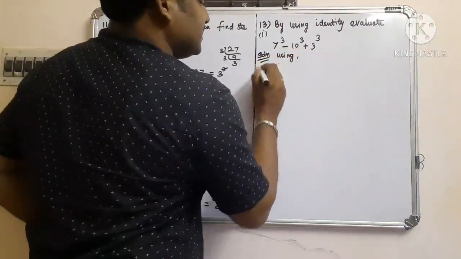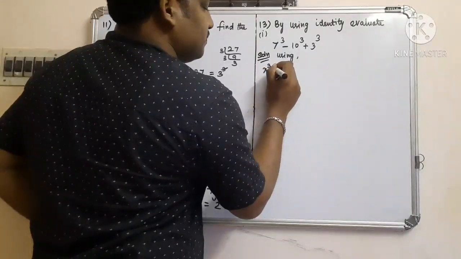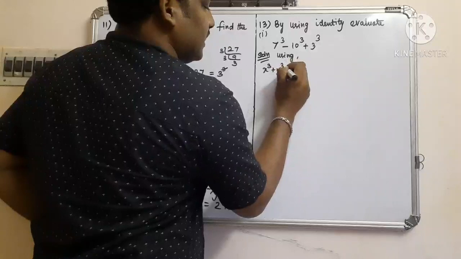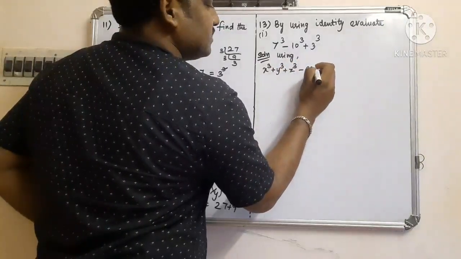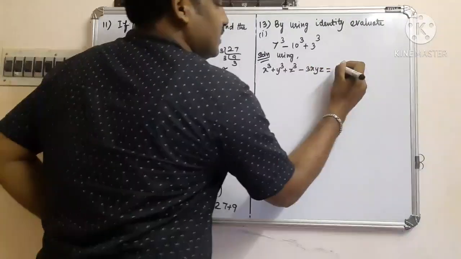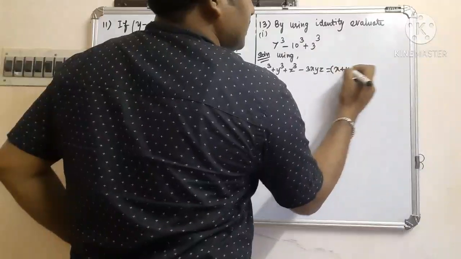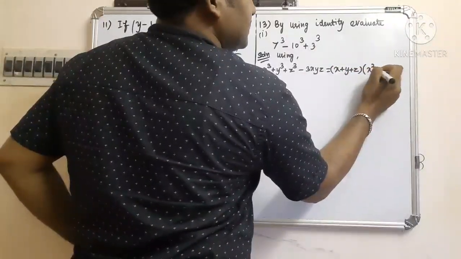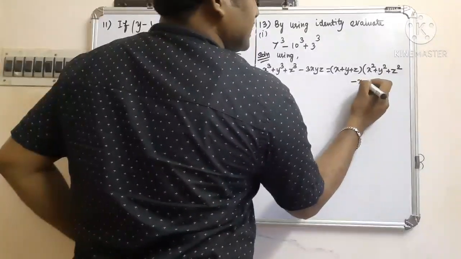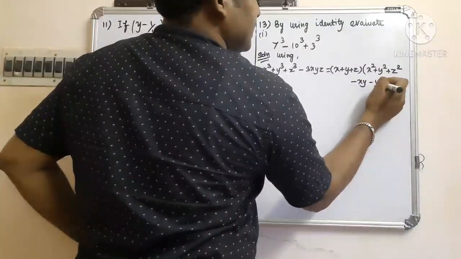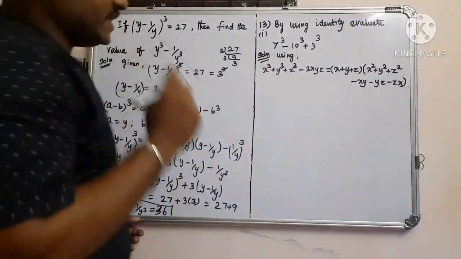What is that identity? x cube plus y cube plus z cube minus 3xyz is equal to (x plus y plus z) into (x square plus y square plus z square minus xy minus yz minus zx). So this is the formula we are going to use here.